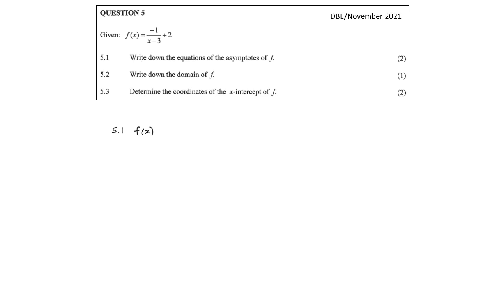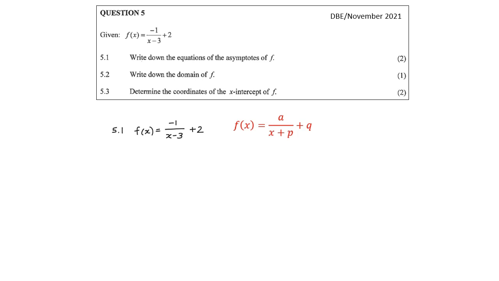In this question, we are given the function f(x) equals minus 1 over x minus 3 plus 2. First of all, you need to be able to identify the type of function that's given to us. This is a hyperbola, and the standard form of the hyperbola is f(x) equals a over x plus p plus q.